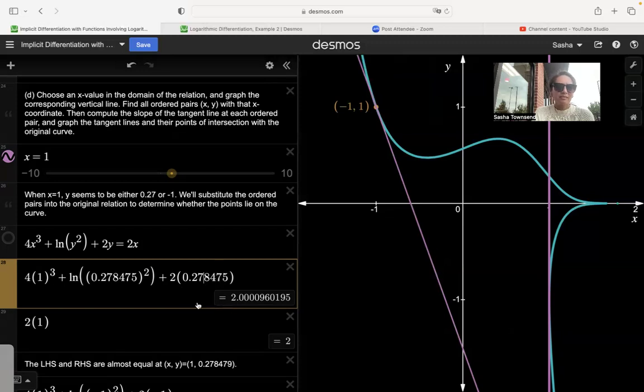So the left-hand side and the right-hand side are not equal. Oh, I used 0.278479. I think I made a mistake. I think it was a better approximation a moment ago.